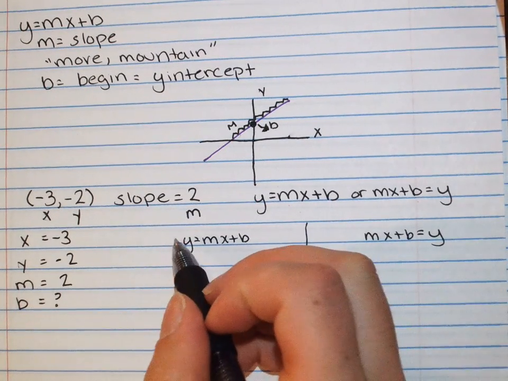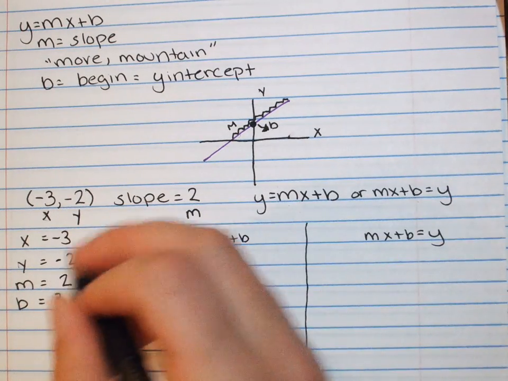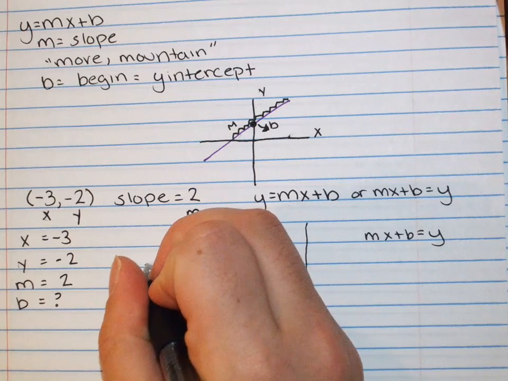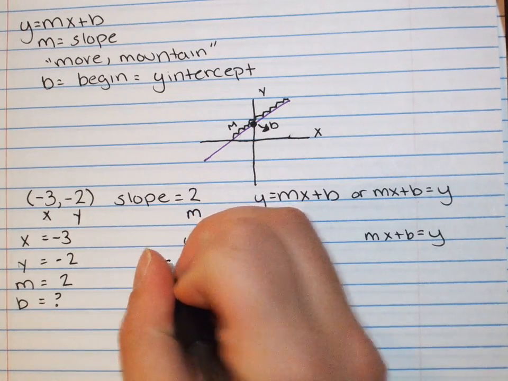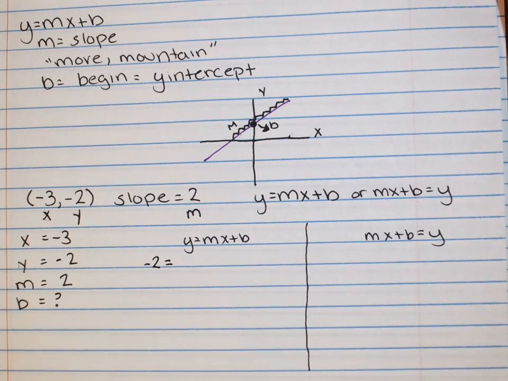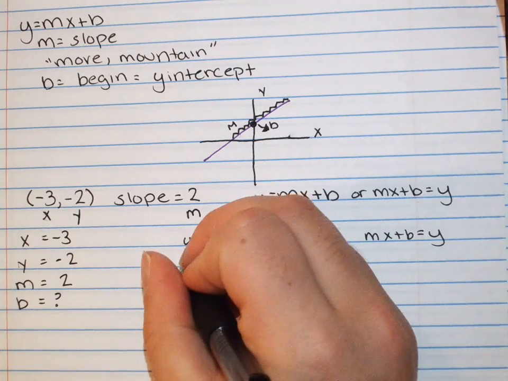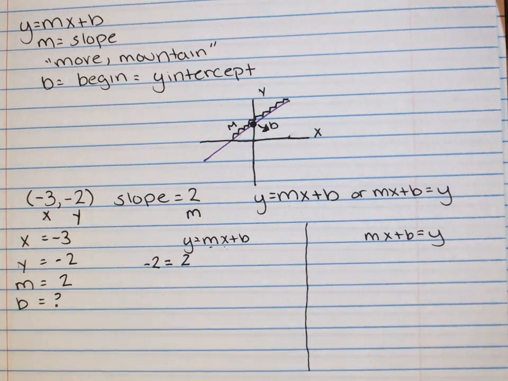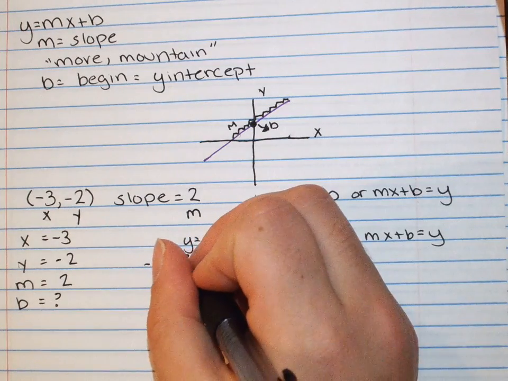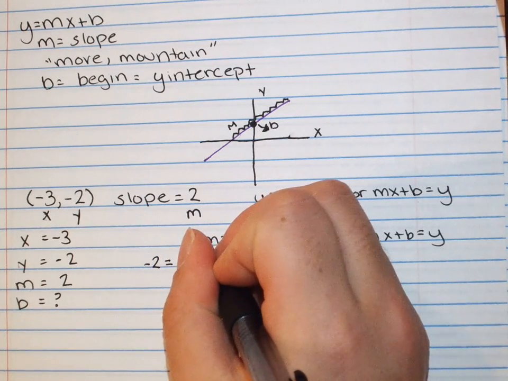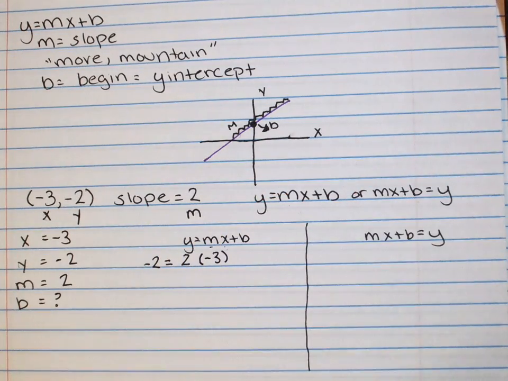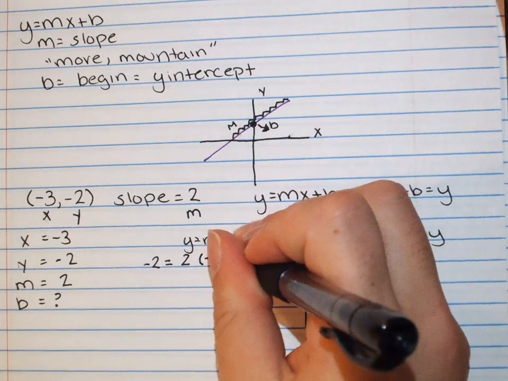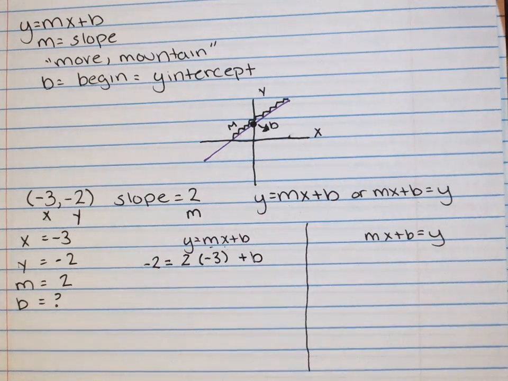So over here, the first thing we need is our y. So y, -2. And then we have our equal sign. And then we have m, that's 2. And when we have two letters next to each other in math, that means to multiply. So we have a 2 and a -3, and then plus b.